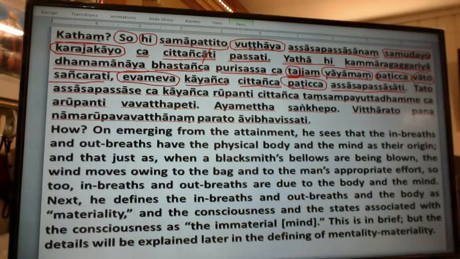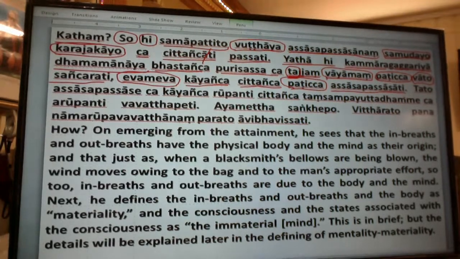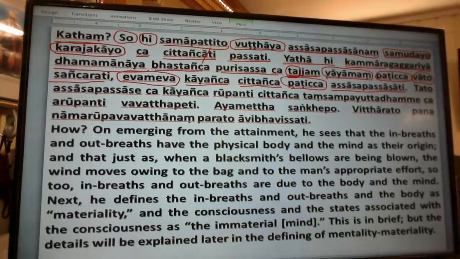We continuously make in-breath and out-breath, in-breath and out-breath, continuously, because of nama and rupa, the physical body and mind. Okay, so it is very similar to the example: the person who makes effort to move the bag, making the air flow continuously like this.